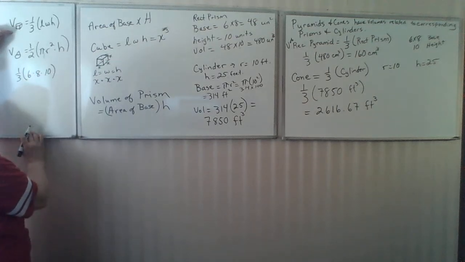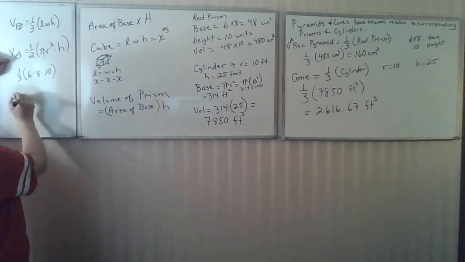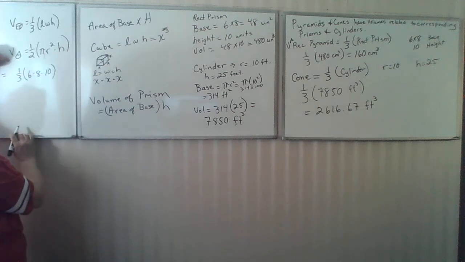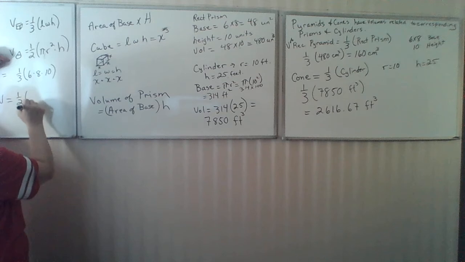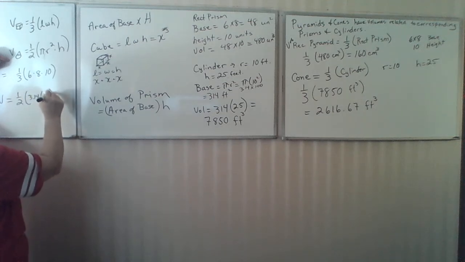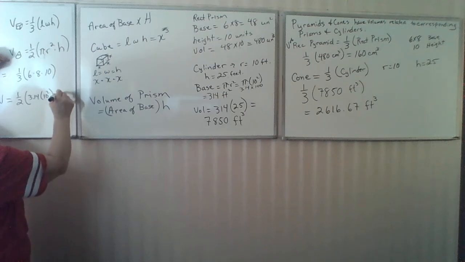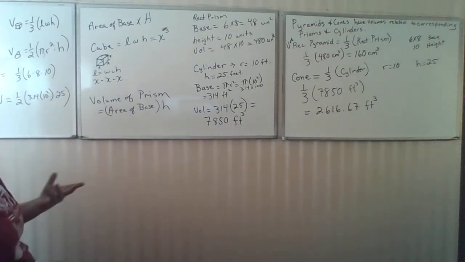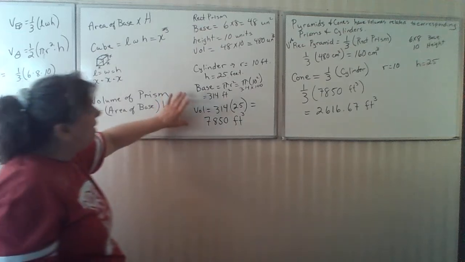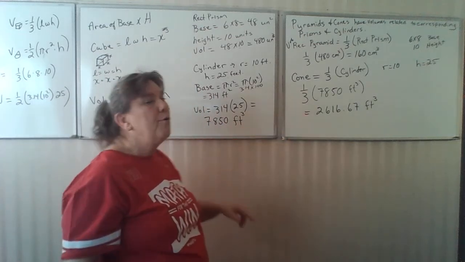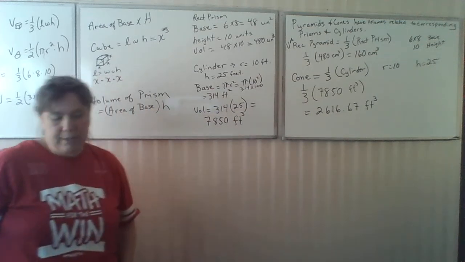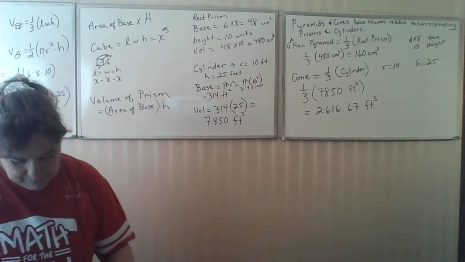And that would give me my answer. Do you see that? Okay, that's my volume of my rectangular pyramid. My volume of my cone would be 1/3 times 3.14 times 10 squared times 25. And so it doesn't matter whether I calculate my volume first in my cylinder and then take 1/3, or if I start from scratch to do it. So that is your volumes.